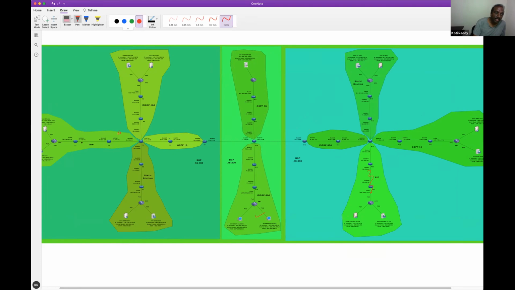We configured RIP, we configured EIGRP, we configured OSPF, we configured static routes. Then we redistributed EIGRP into RIP, OSPF into RIP, static routes and connected routes also into RIP. Same way, RIP into EIGRP, OSPF into EIGRP, static and connected into EIGRP, same way also into OSPF.